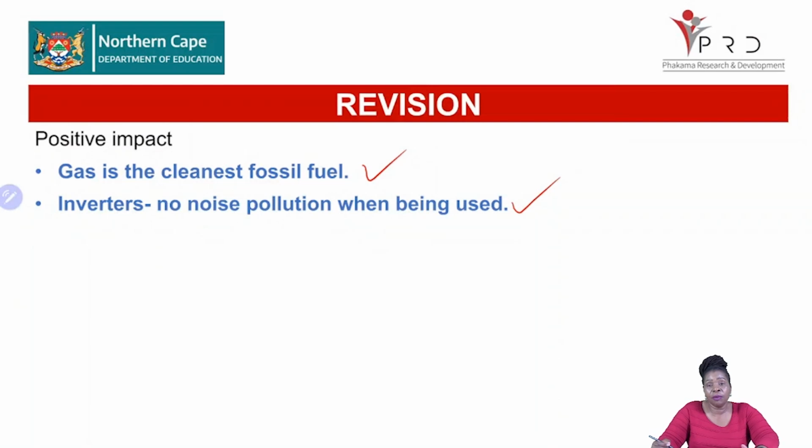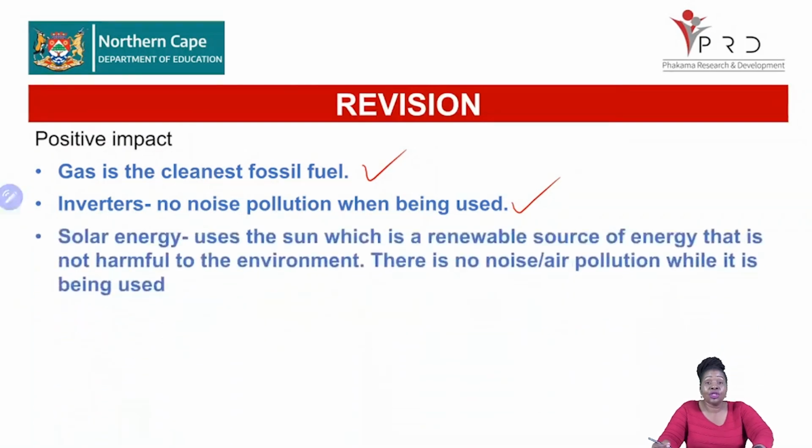So we can say maybe we compare an inverter to a generator. Right, and then solar energy also uses the sun, which is a renewable source of energy that is not harmful to the environment. And there is no noise, no air pollution while being used. So this is the positive impact that these sources of energy have on the environment, right?